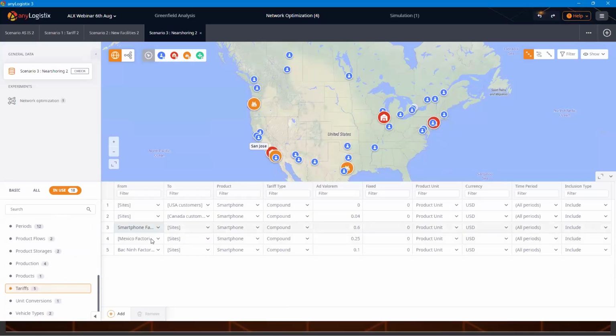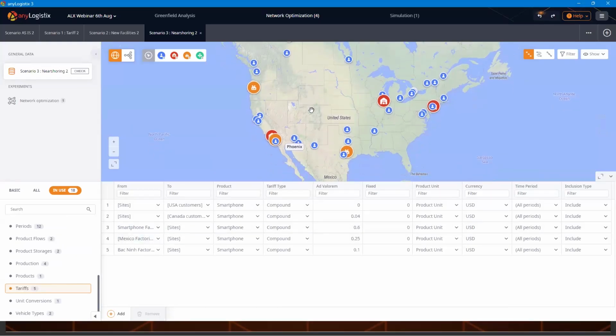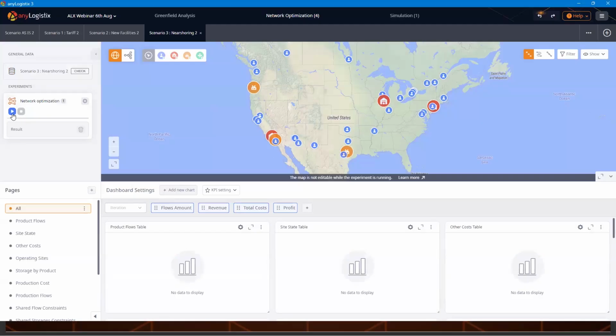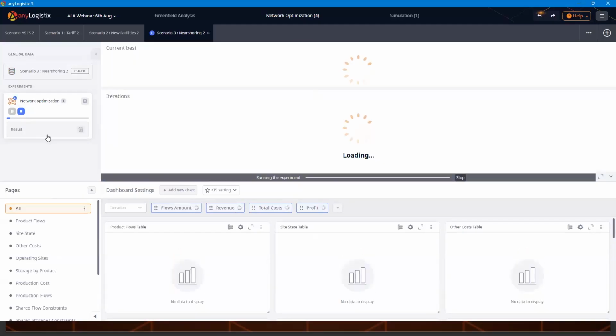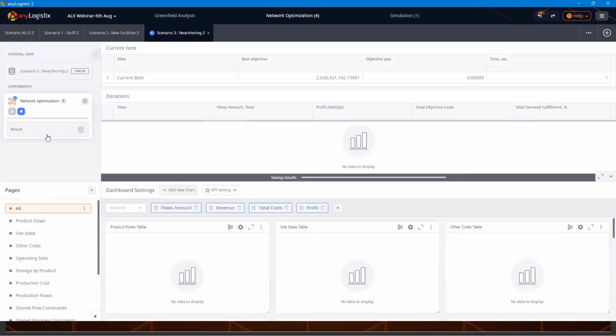Yes, we do have the other factories, but in this case we just have the three factories in the USA, and we want to see whether these three factories are able to produce and deliver all the customers whatever they need, and what the cost will be for this, because if we want to produce in the same country, let's say in the USA, the cost of production, because of the labor cost and some other cost, is very high compared to other countries. So, let's run the model. I have the result ready, but yeah, let's run it for a bit.